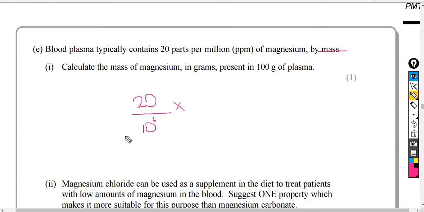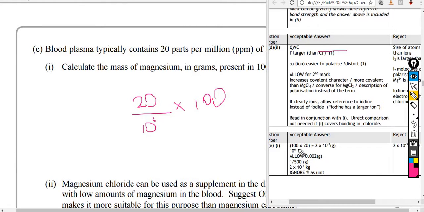If a unit mass contains this much, how much do 100 grams contain? Do the calculation: 20 divided by 10 to the 6, multiplied by 100, will give you 2 into 10 to the minus 3. So that's the answer for that question.